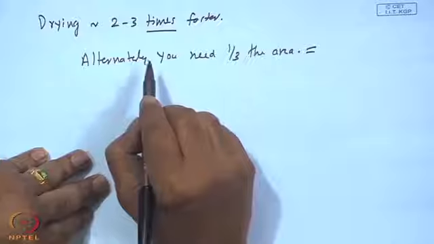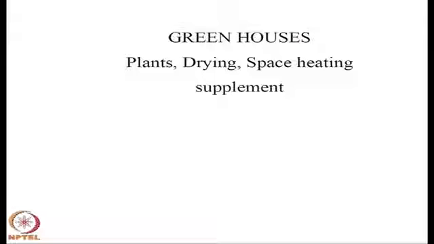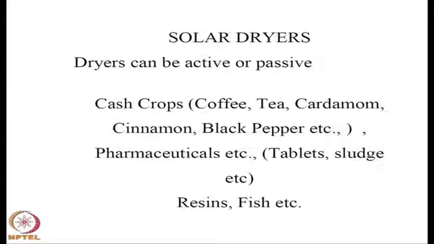Consequently, the remaining land can be released for cultivation of the coffee, which will in general be much more paying than whatever you spent on the greenhouse for the drying purpose. So, this is one particular area where you have got a very attractive solar application without much investment.